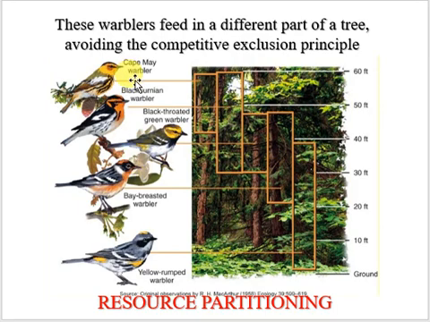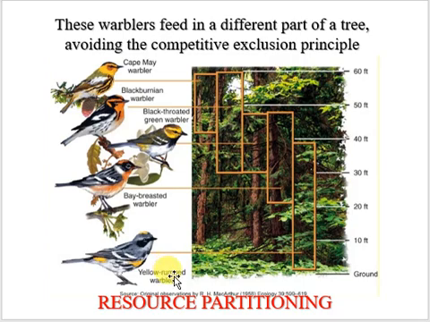The Cape May warbler feeds at the tips of the higher branches at the top of trees, so it occupies the uppermost region of the forest canopy, whereas the bay-breasted warbler feeds in the middle region of the trees.